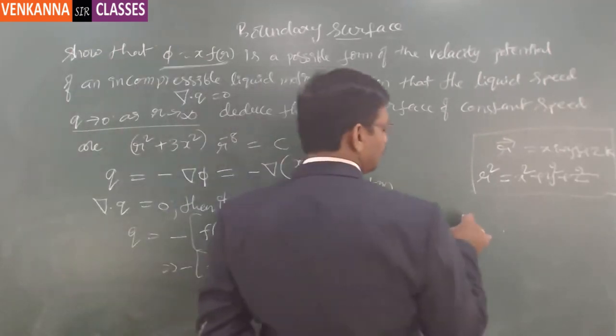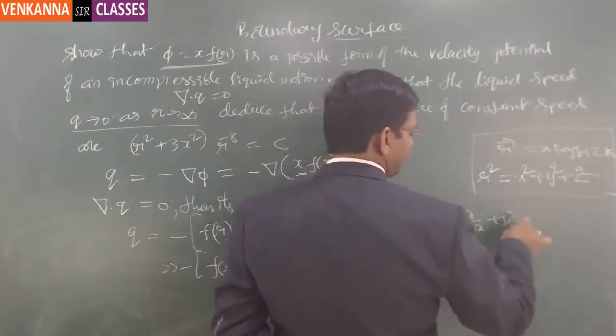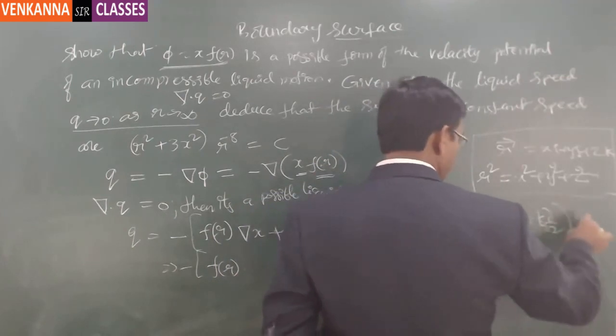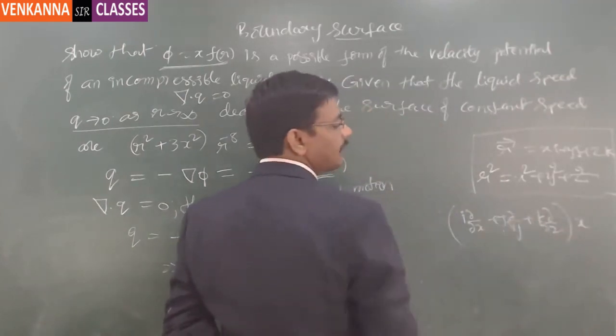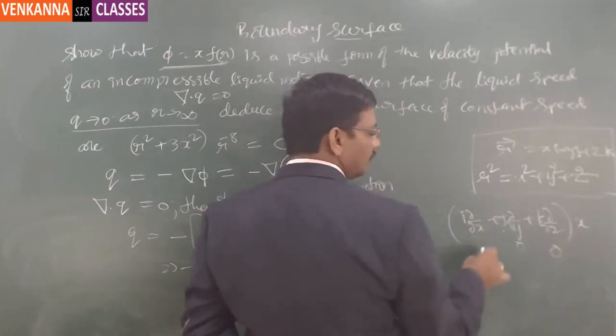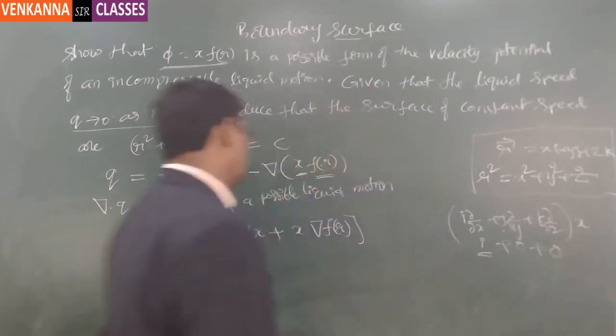Del is nothing but i dou by dou x plus j dou by dou y plus k dou by dou z, and this is operated on x. As it is a partial derivative, these two will become 0, and dou x by dou x is 1. So this will be simply i plus 0 plus 0, so this will be i.